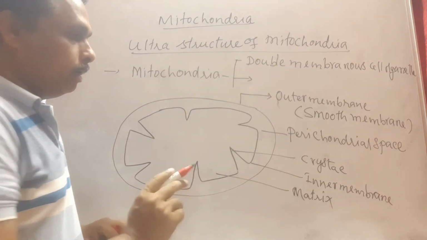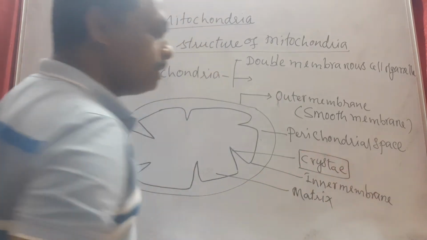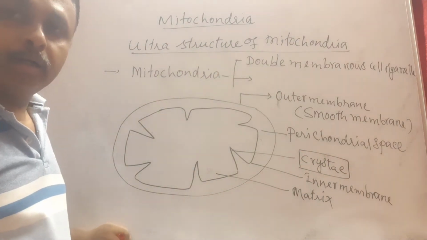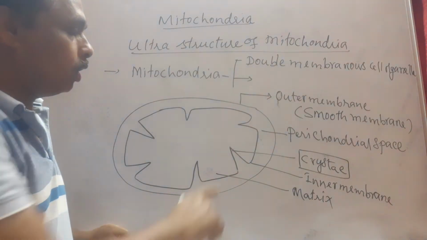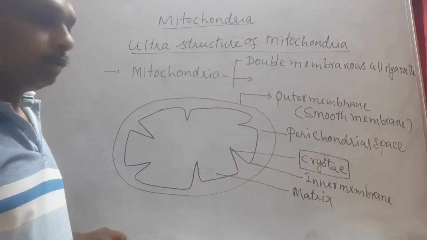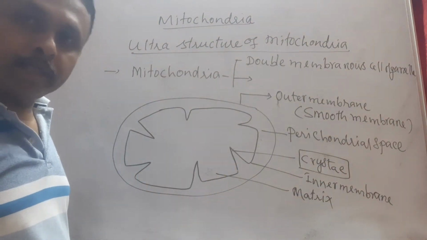Then this cristae will increase the surface area while the enzymatic actions are going on, right? That means cristae help in increasing the surface area for enzymatic actions.